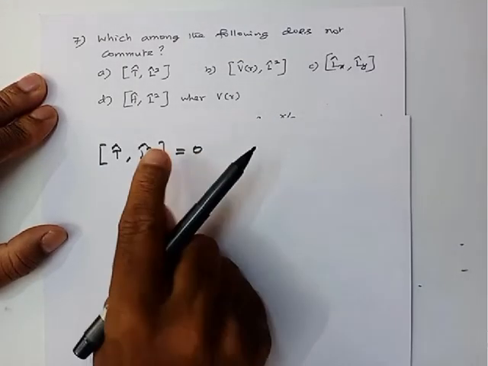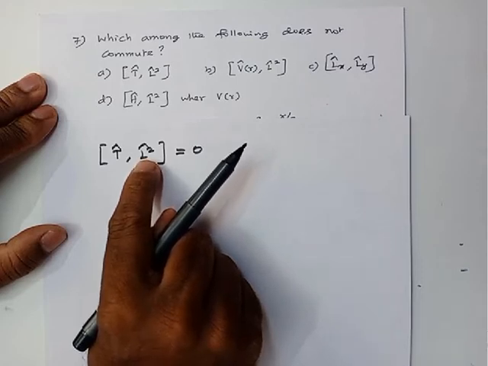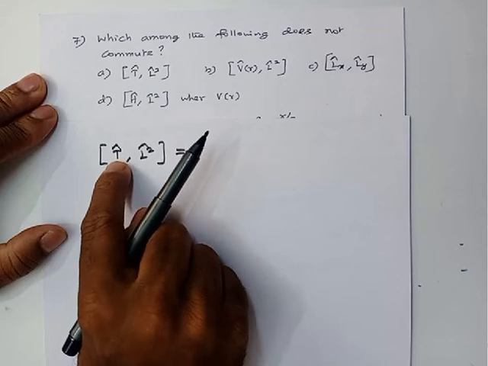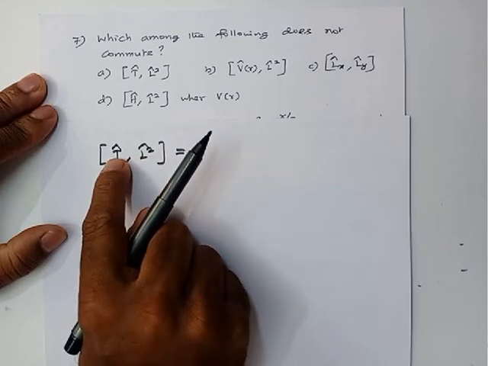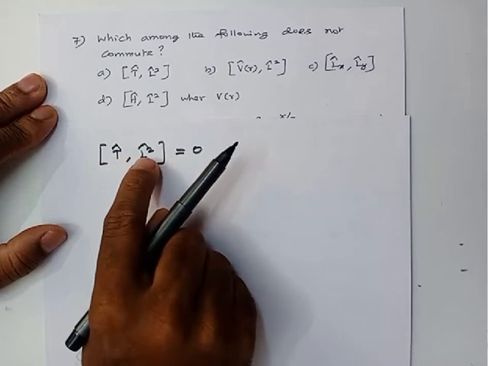You know very well, in L square we have only theta function and phi function, whereas in the kinetic energy operator we have R. So the kinetic energy operator depends on R, whereas L square is independent of R.